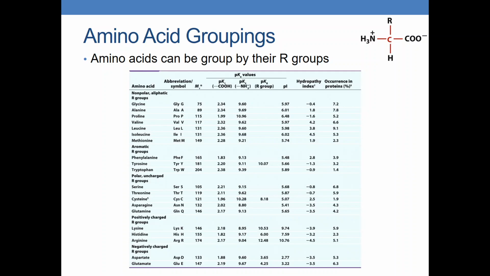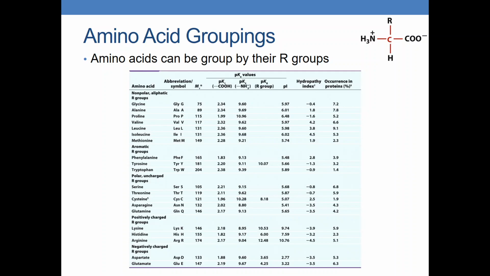To give you an example here, these negatively charged R groups are negatively charged at biological pH. You'll see in a moment that aspartate and glutamate both have a carboxylic acid as a side chain. When protonated, a carboxylic acid has a neutral charge. It may be polar, but it is not charged. It doesn't have a negative charge or a positive charge.